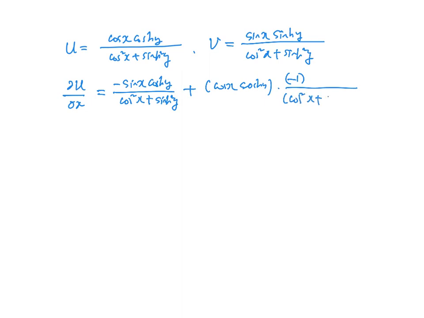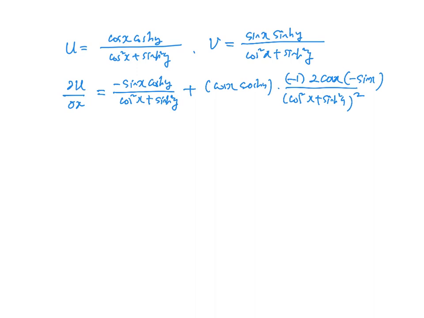Cosine square x plus sine hyperbolic square y. And then you differentiate this with respect to x, so 2 cosine x times minus sine x. For the denominator you first take the minus square, and then you differentiate this part again, so this is 2 cosine x and then minus sine x.